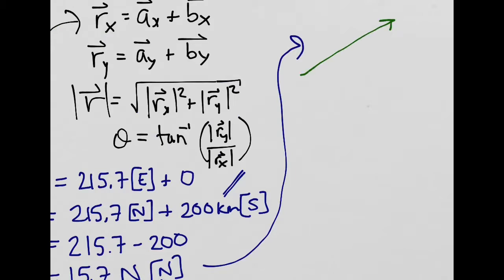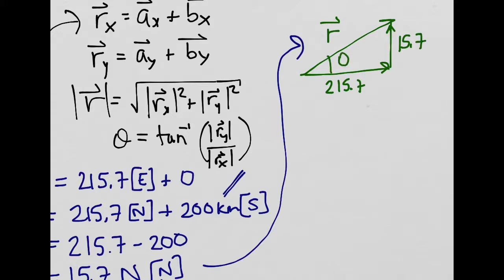You don't have to redraw R every single time, but I'm showing you again what this looks like. This is 215.7 because we just determined that horizontal component, and this is just 15.7.